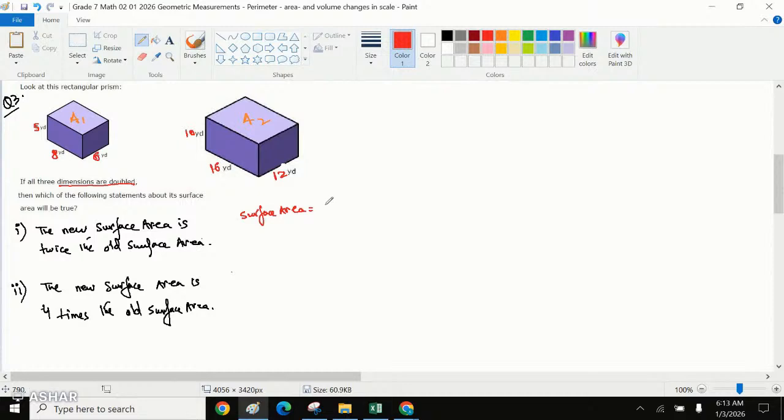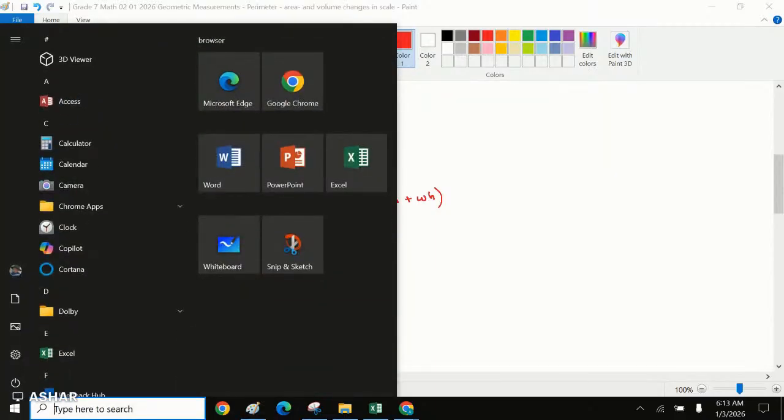So we can say the surface area of the old shape is length multiplied by the width plus length multiplied by the height plus width multiplied by the height. This is the formula for the surface area.